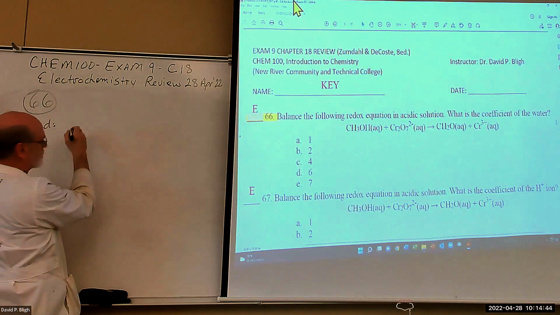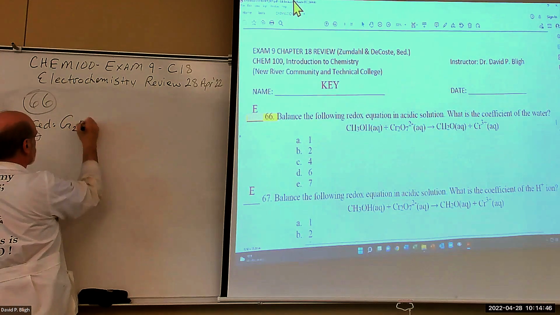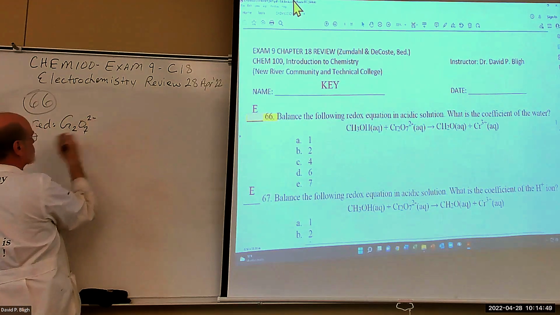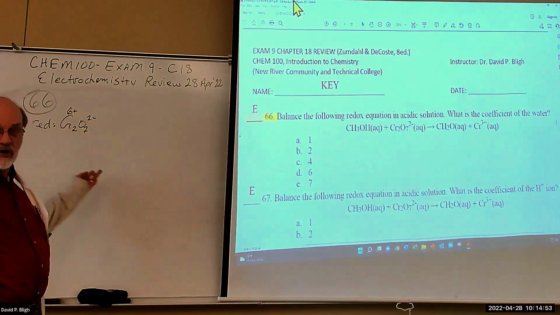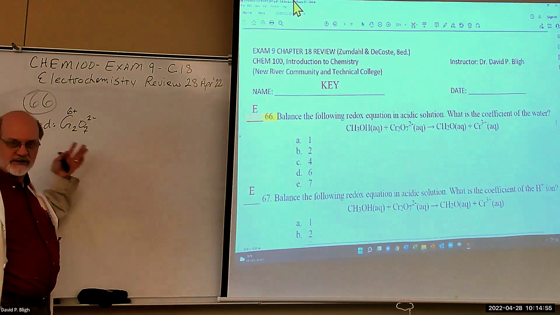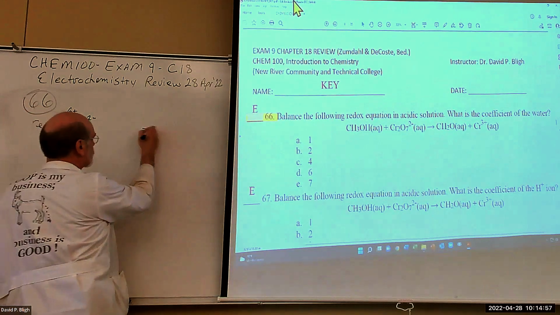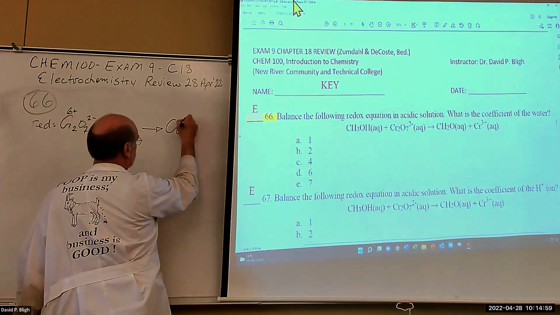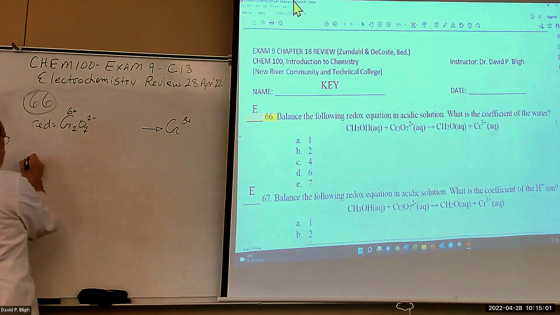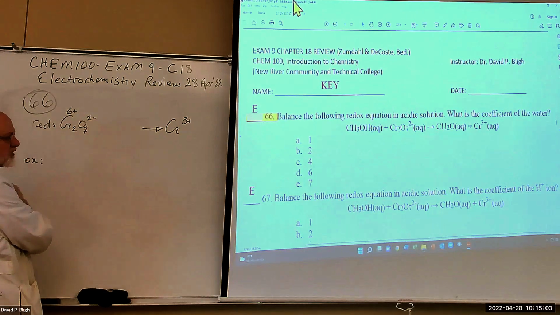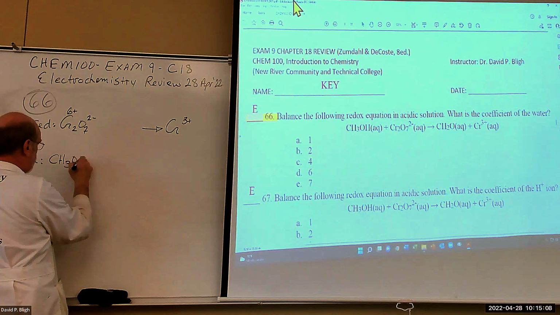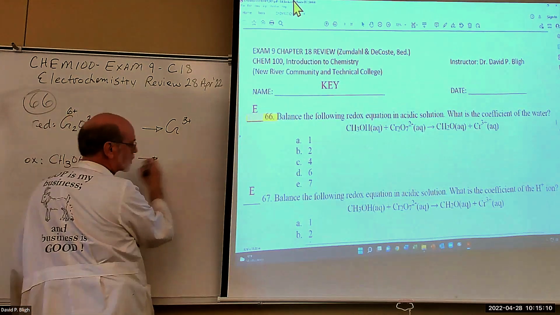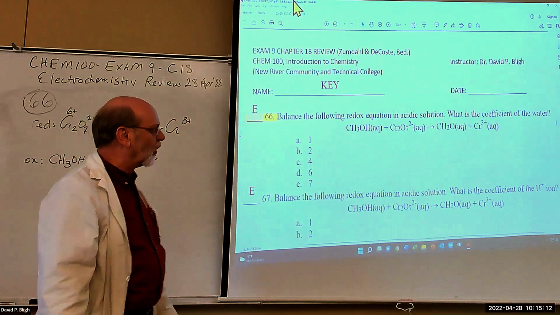It's going from this one, Cr2O7 with a 2- charge. Actually, it is charged, but the chromium has an oxidation state of 6+. And it's going to this one. That means the oxidation step must be the other one, CH3OH, goes to CH2O.